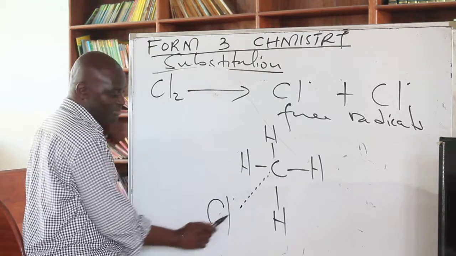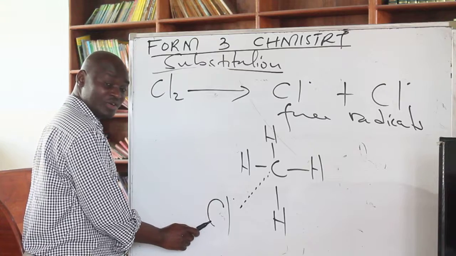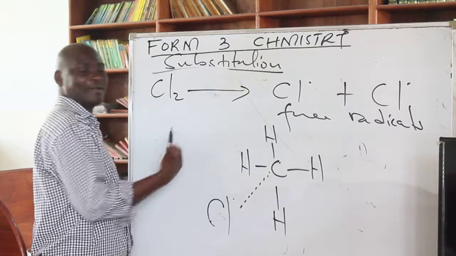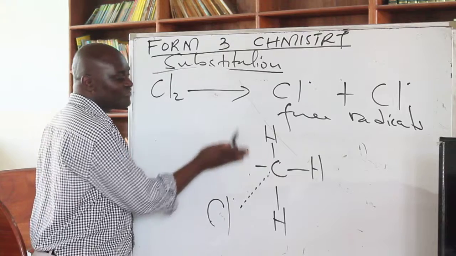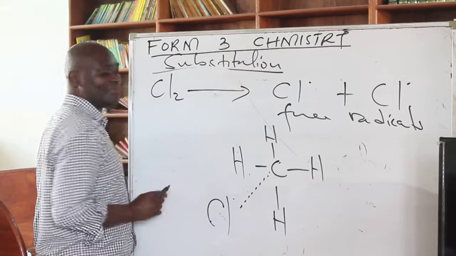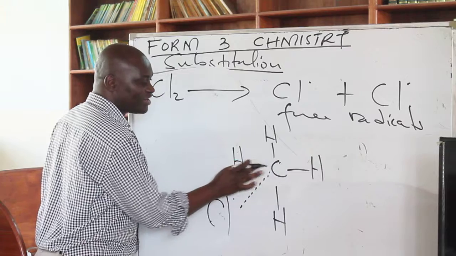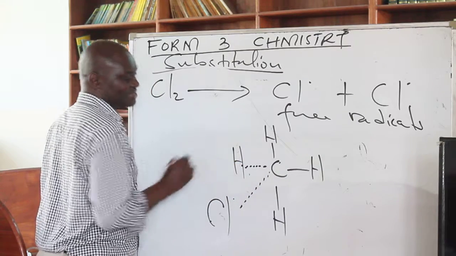As a bond is formed between the chlorine radical and the carbon atom of the alkane, one of the bonds between the hydrogen and the carbon will start to break.